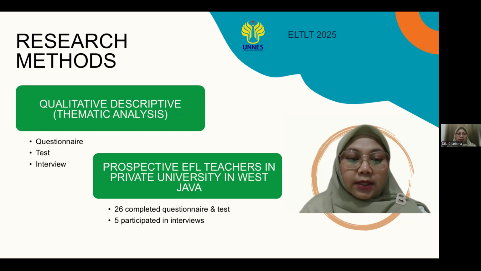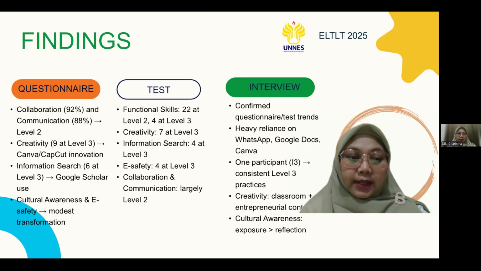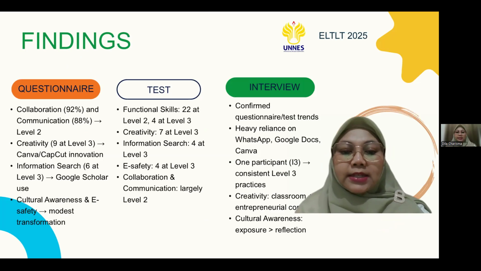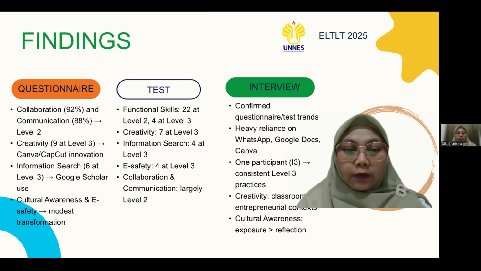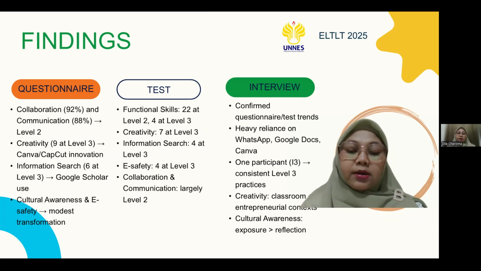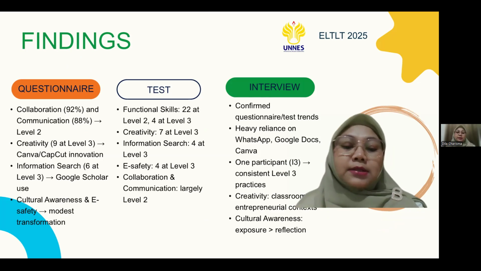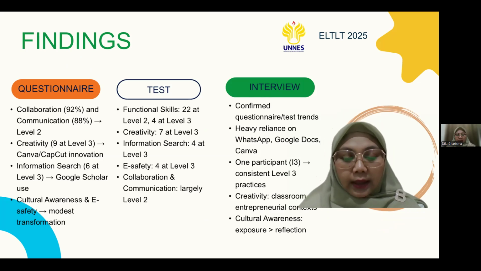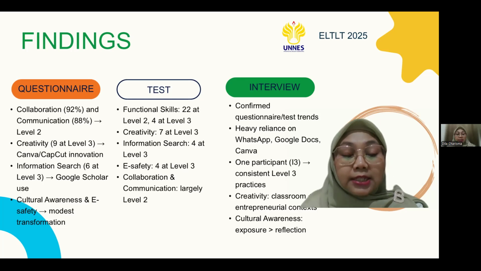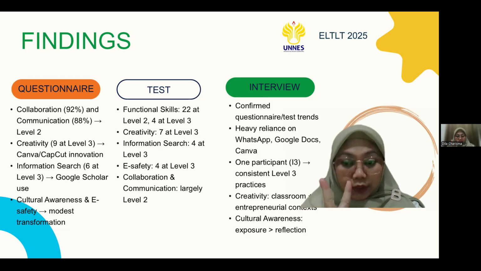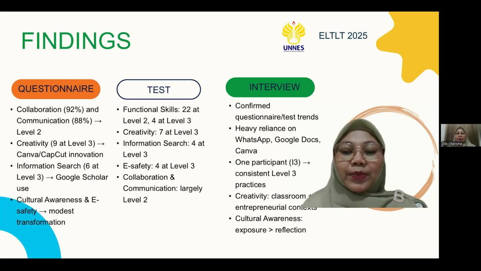Then, talking about findings, our findings reveal several interesting trends. From the questionnaire, we found high levels of collaboration at 92% and communication at 88%, both of which fall into level 2 or usage.